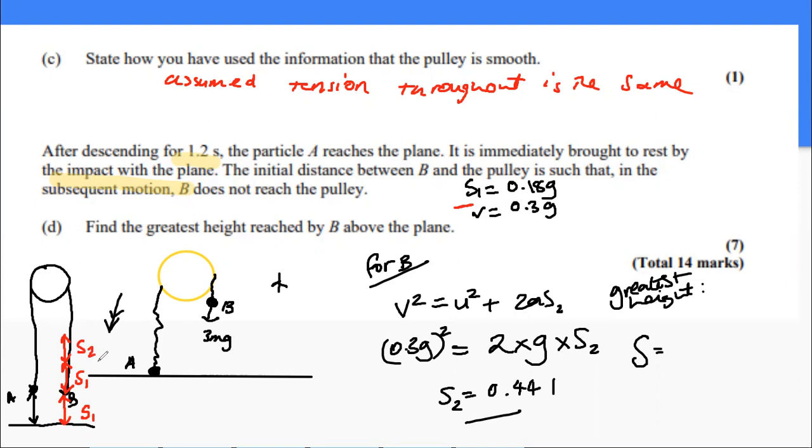So the greatest height it reaches is S equal to 2 lots of S1 plus S2. And so the total is going to be about 3.969, which is approximately 4 meters, okay? All right, I hope this helps. Please do let me know if you have any questions.